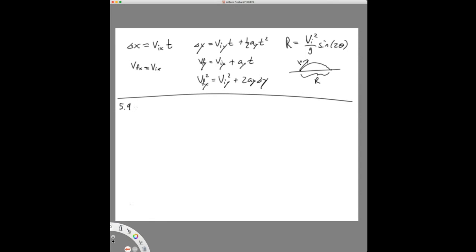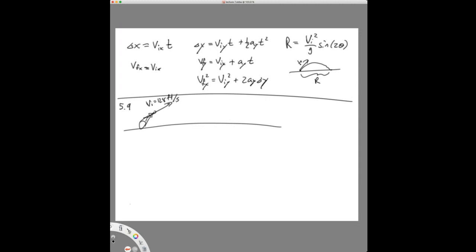And it says, a body is projected from the ground at an angle of 30 degrees with the horizontal at an initial speed of 128 feet per second. First of all, I don't know why someone is shooting a body into the air, but here comes the body. And the initial speed is 128 feet per second.